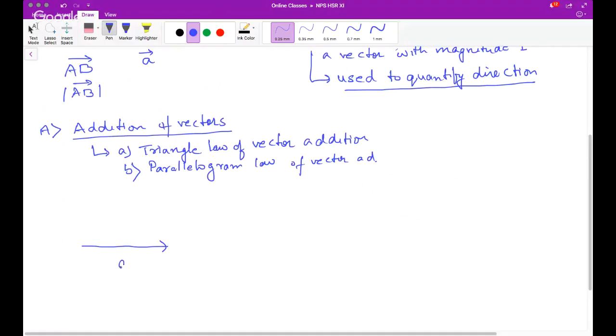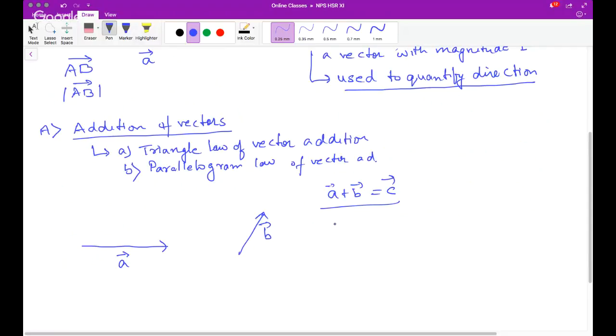So let's say vector A is here and vector B is this, and we are trying to find out what is meant by A plus B, and let me call this C. So we are finding a vector C such that A plus B equals C. What does it mean in vector notation?